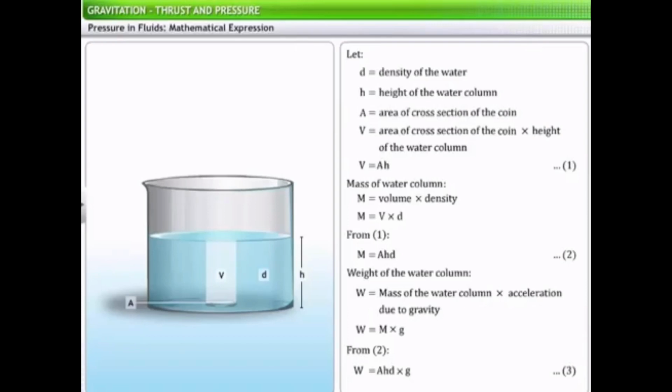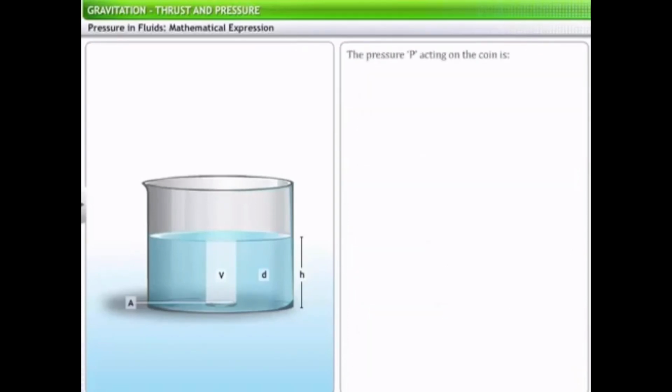Weight of the water column acts normally on the object. Thus, the pressure P acting on the coin is the ratio of weight of the water column to the area of the coin. That is, P is equal to W divided by A. From equation 3, we know W is equal to the product of A, h, D and g.